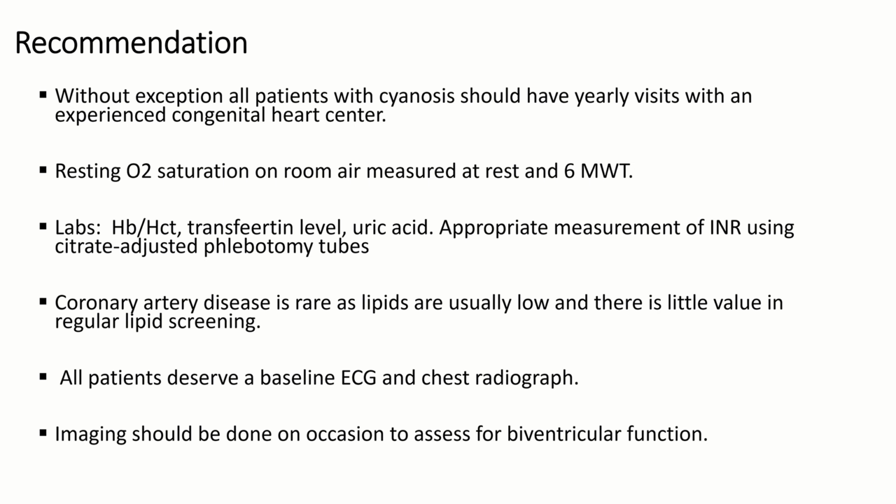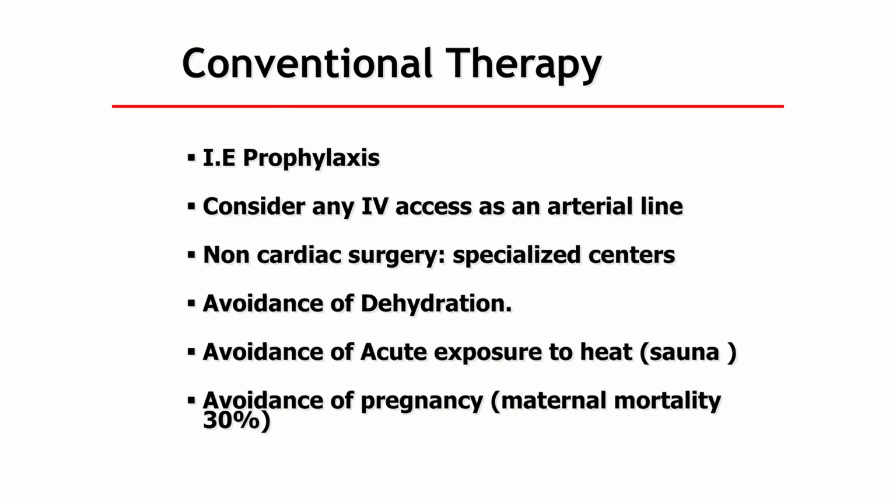Imaging should be done on occasion to assess biventricular function if you have any doubts about the function. As conventional therapy, all cyanotic patients should be on infective endocarditis prophylaxis. Consider any IV line as an arterial line. Non-cardiac surgery specialized centers should be available.